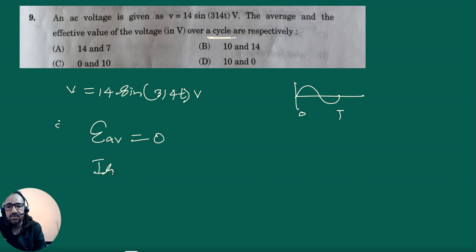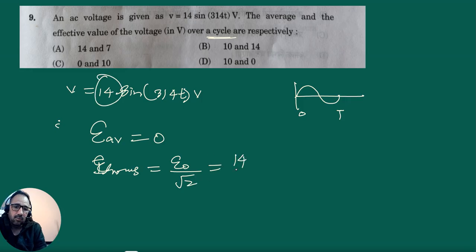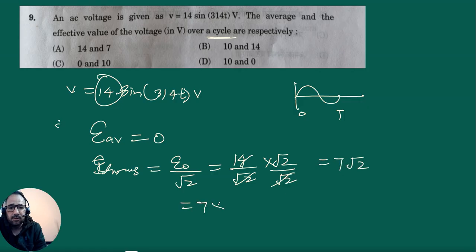What about the RMS value here, E RMS? That is equivalent to E naught upon root 2. So E naught means peak voltage, which is given 14. 14 upon root 2. You can multiply or divide it by root 2 here. So it becomes 2, 7, that becomes 7 root 2. So you can multiply it, 7 into root 2 is 1.414.